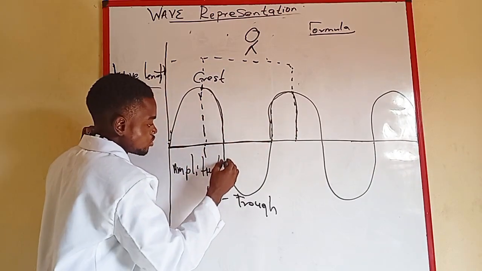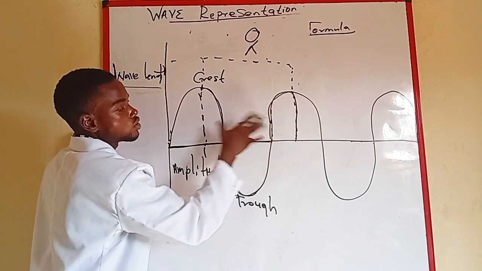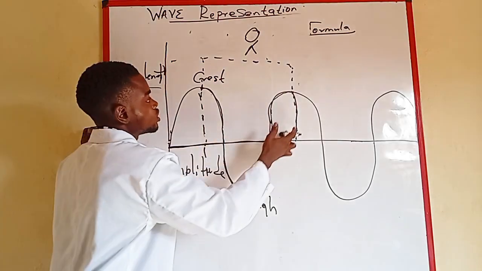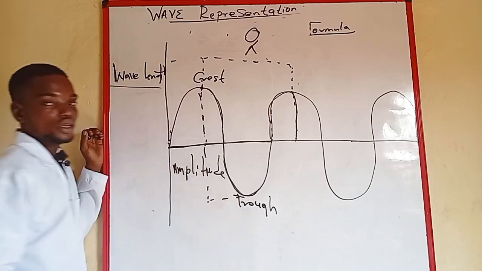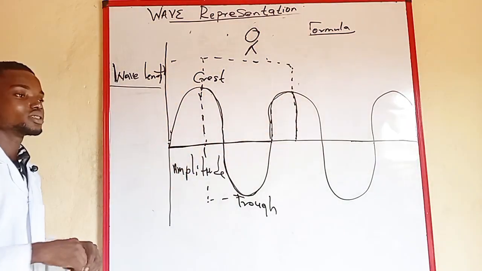Also, if you use this semicircle over here and add it to this semicircle, you're going to have a complete circle. So that is why it could still be denoted in a wave diagram in this form. So this is what we call the lambda, complete oscillation or complete circle.